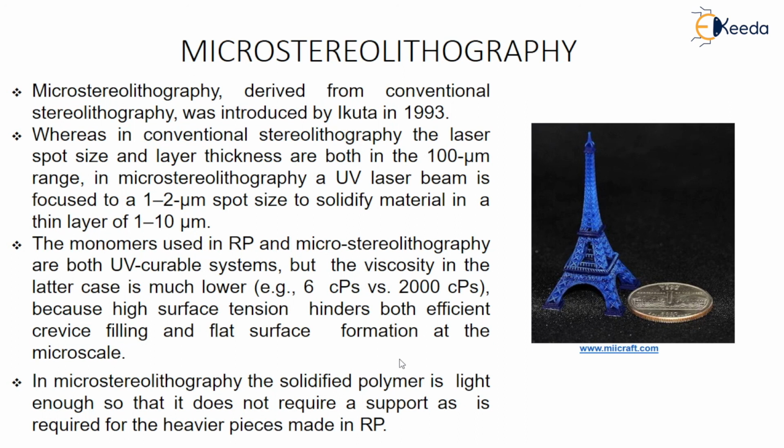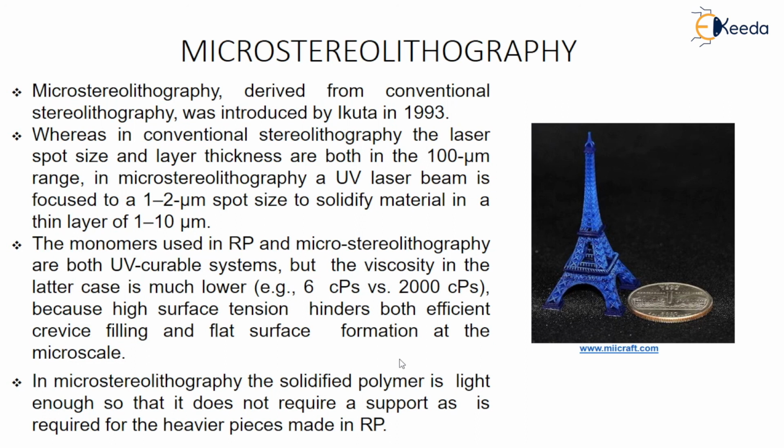The monomers which are used in RP and microstereolithography are both UV curable systems, but the viscosity in the latter case is much lower. For example, 6 cps versus 2000 cps.